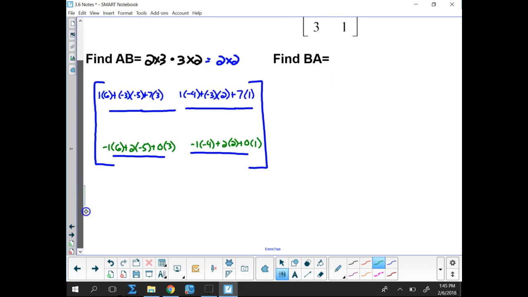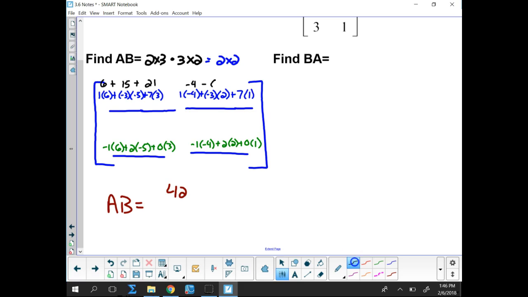So that gives me matrix AB here is 6, we'll write that in there. So this is 6 plus 15 plus 21. So that's what, 42? Negative 4 minus 6 plus 7 is negative 3.